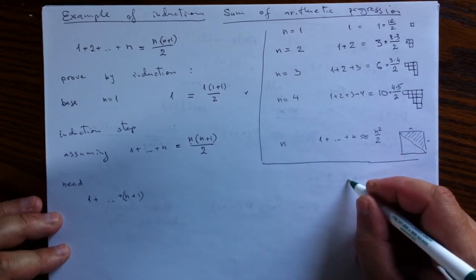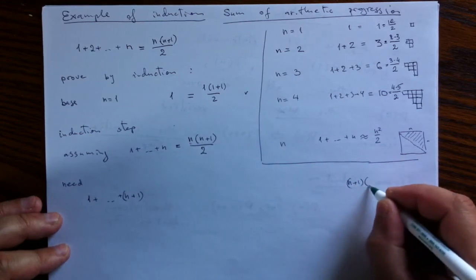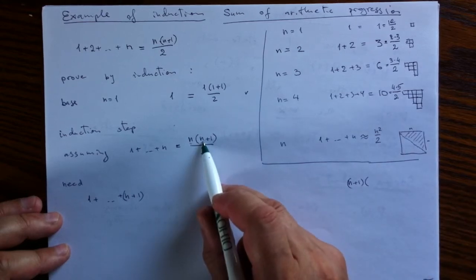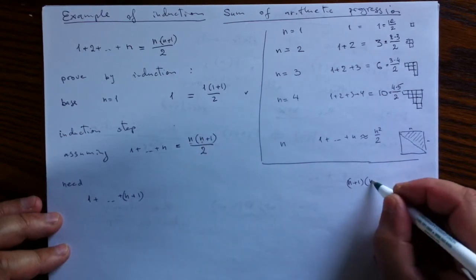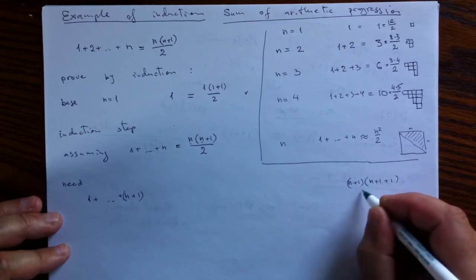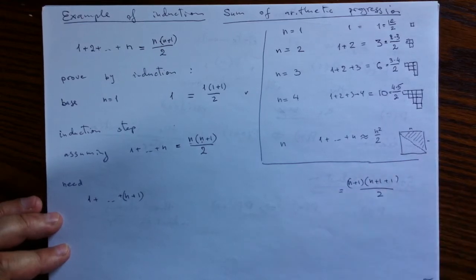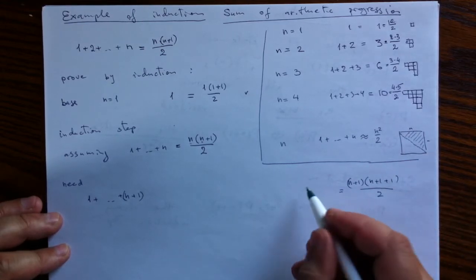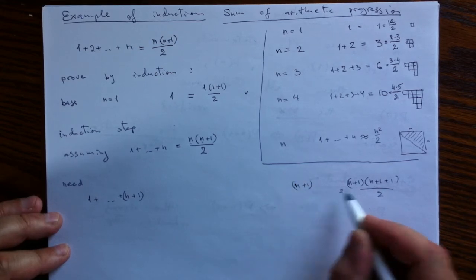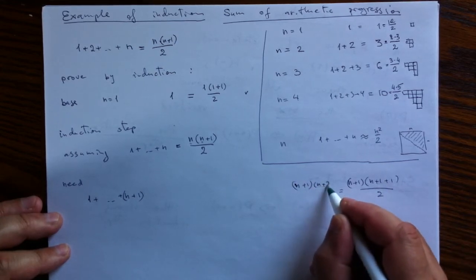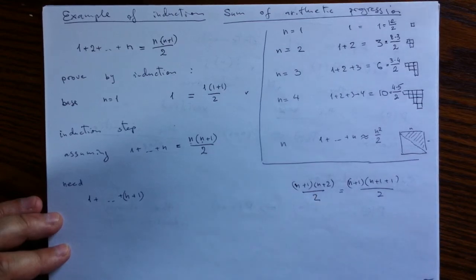So there it should be n plus 1, and then n plus 1 plus 1 instead of n plus 1, all halved. So before proceeding, I'll just simplify it into what it is, n plus 1, and here it is nothing but n plus 2, all halved. So that's what I should see as this sum.